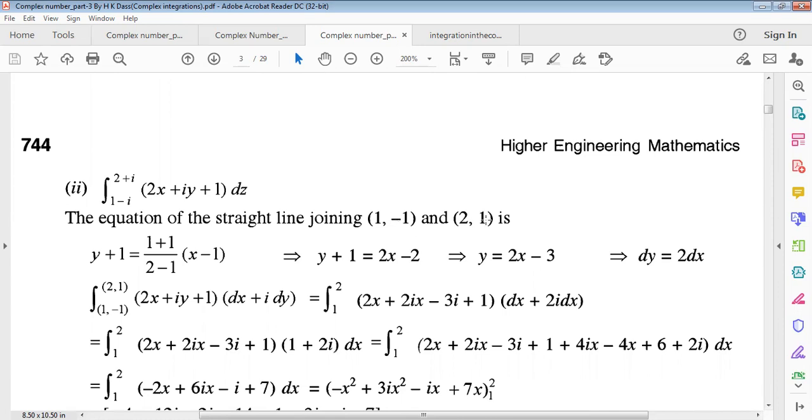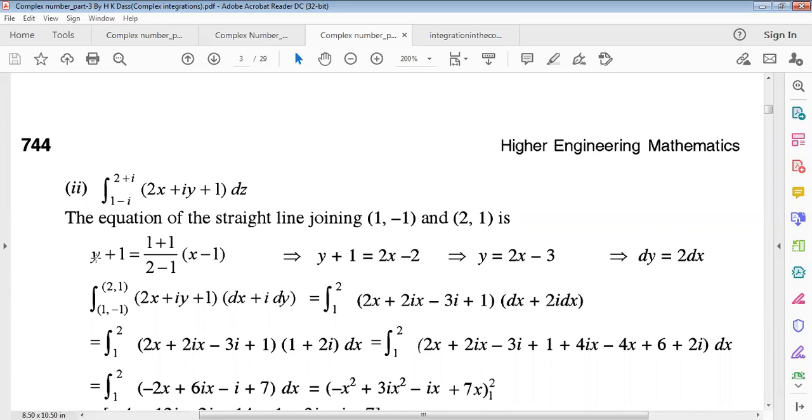So joining these 2 points, you must know the straight line formula: y minus y1 equals m into x minus x1. Slope of the straight line is y2 minus y1 divided by x2 minus x1. This is x1, y1 and this is x2, y2.